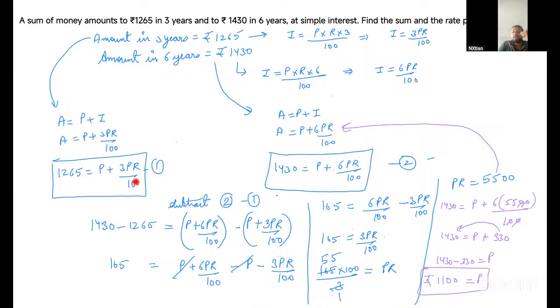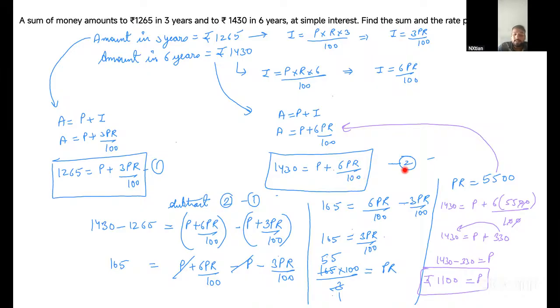Did you understand, guys? Okay. So in the same way, the amount for 6 years is principal plus interest, 6 PR upon 100. So amount is 1430, principal is P, plus 6 PR upon 100. Did you understand, Edric? Is there any problem?